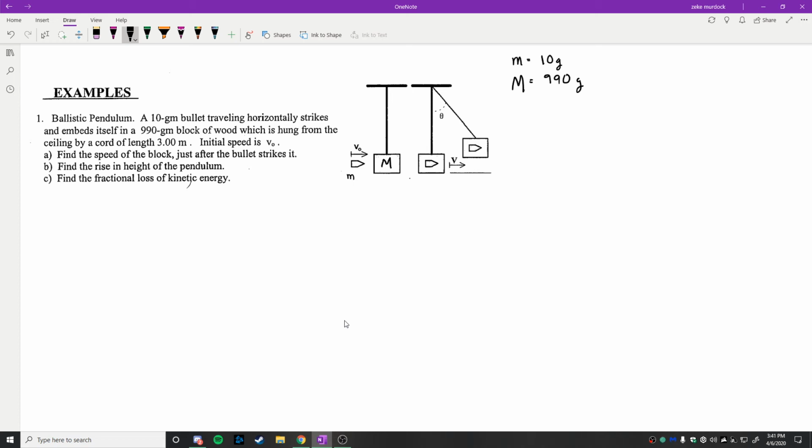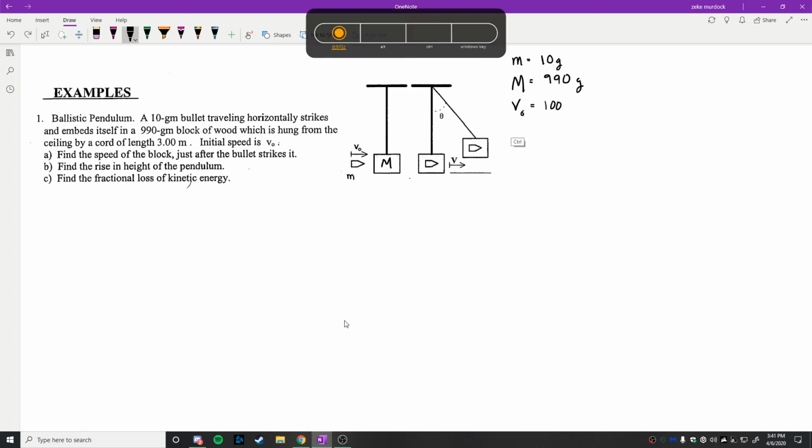The initial speed of the bullet here is v initial. I think the way I usually do this problem is I'm going to set a value for v naught. We're going to say that the initial velocity is 100 meters per second. It's a bullet, so it should be moving pretty fast. That's actually probably slow for a bullet. In fact, let's make it a little bit more. Let's make it 300 meters per second.